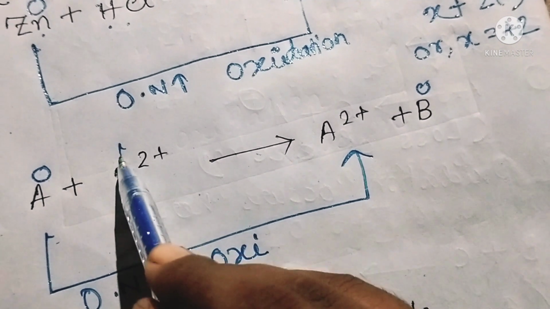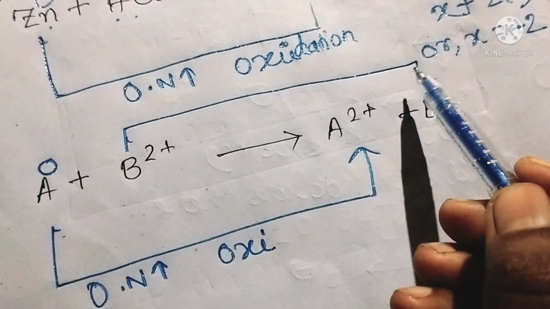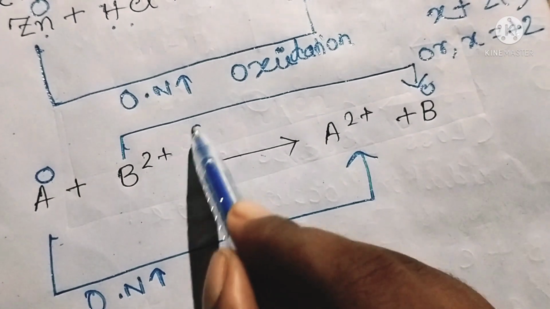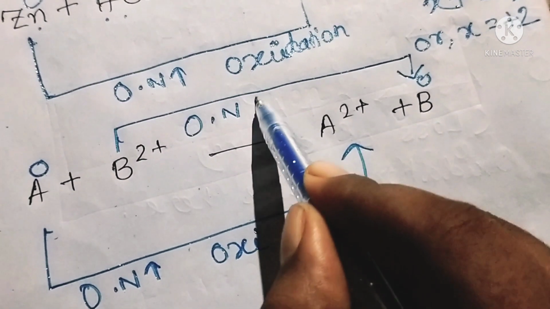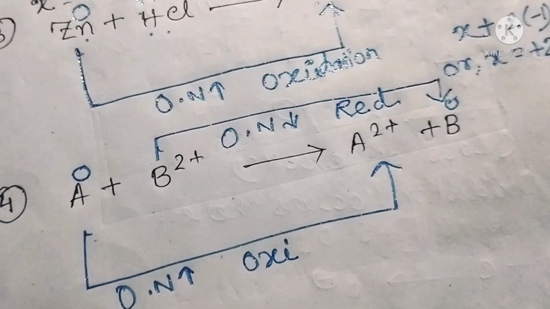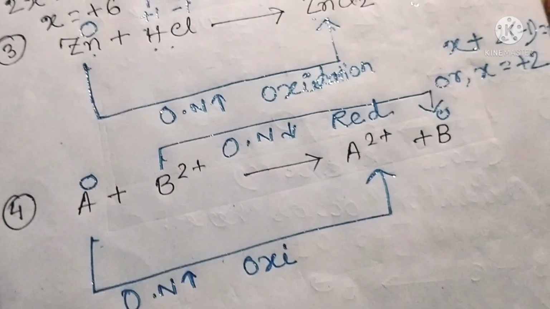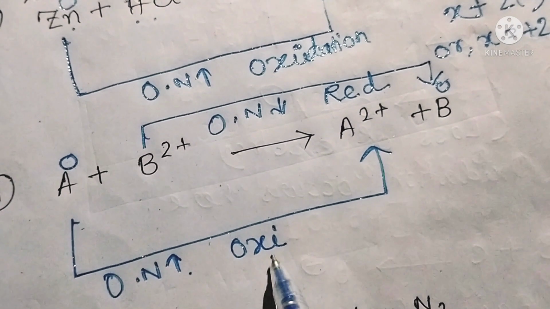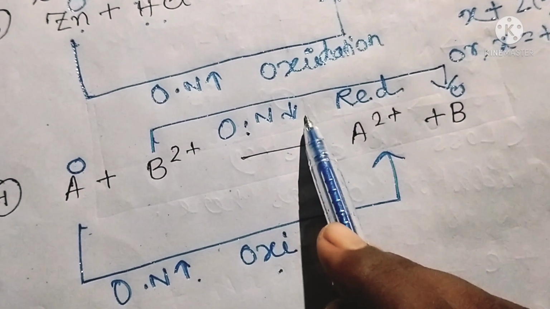And here from B2+ to 0, that means oxidation number decreases, so reduction occurs. Do you understand? When oxidation number increases, oxidation occurs. When oxidation number decreases, reduction occurs.